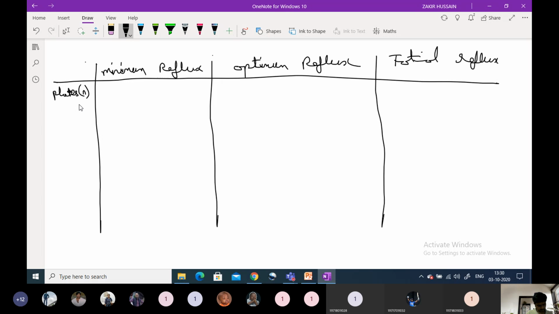If you understand this, you can say the plates required will be minimum or low at minimum reflux ratio. Anybody? Somebody please respond. This is a very important topic. Many times they are asking: at minimum reflux ratio, what about the number of plates? We have already shown you this earlier.